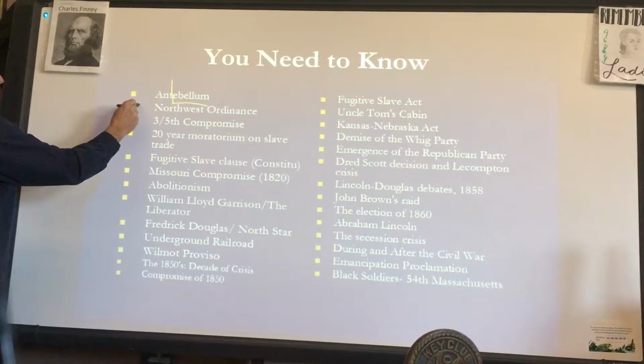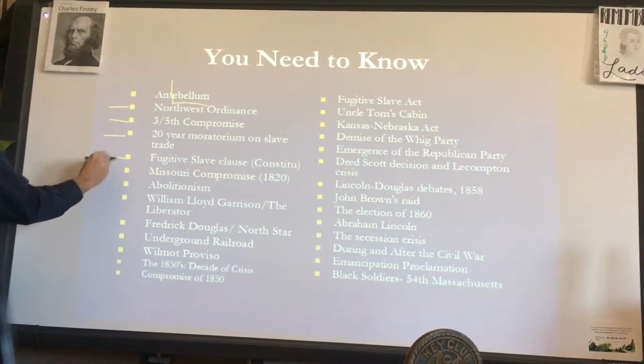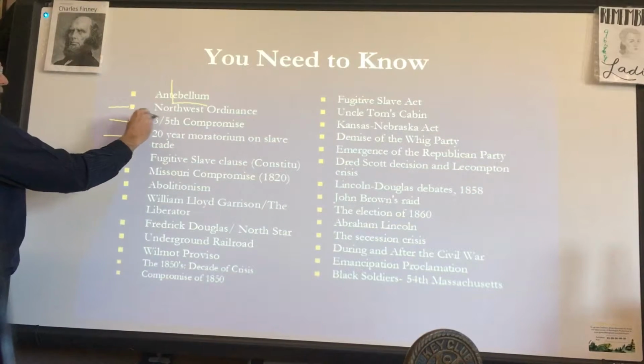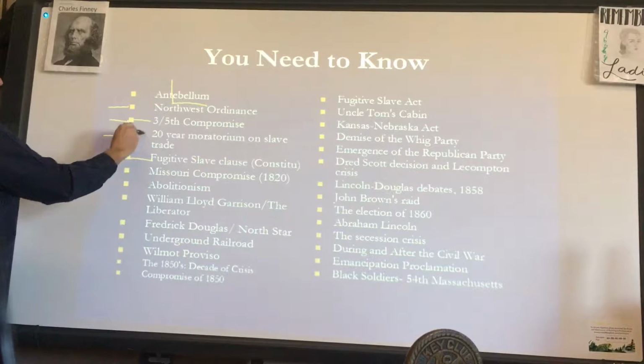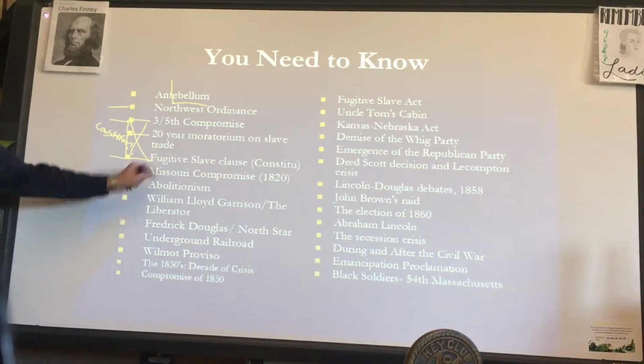So Northwest Ordinance, 3/5 Compromise, 20-year moratorium, fugitive slave clause. These three are constitutional compromises. Clear? They're all about slavery. Clear?